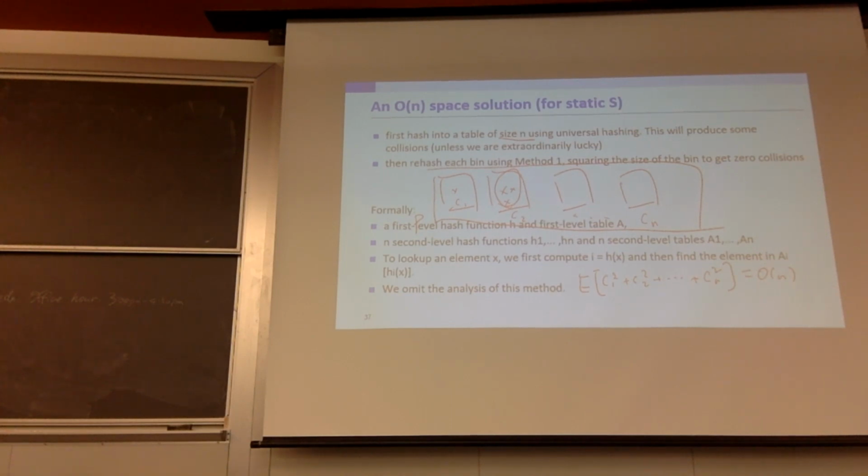If you sum those up, it's the total number of buckets, right? And we can prove that the expectation of that is actually O(n). And by the Markov inequality, you know that it's not going to exceed a multiple of n by very much. Okay, so that's the better solution for perfect hashing.